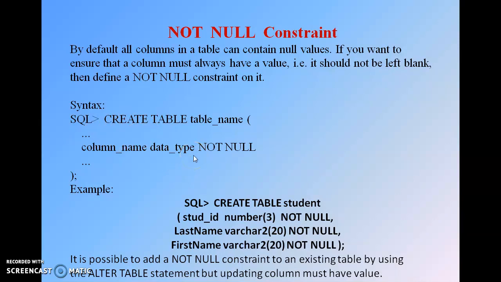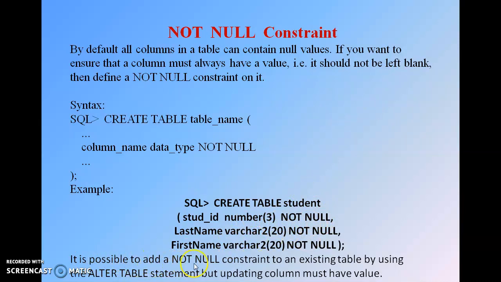For example, here I am creating a table student with 3 columns: student ID, last name, and first name. In this example, I declare all columns as not null columns. It indicates what? Each column must contain a value according to its data type. We should not leave that column blank.